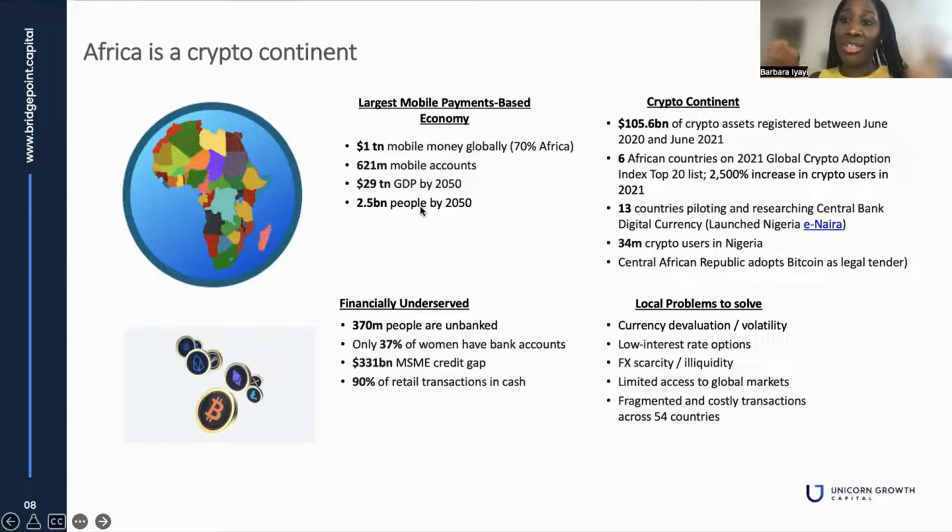That is a dynamic that is playing out, not in a big way in Africa because there are still regulatory restrictions. But fundamentally, people are avoiding having to use USD and they're going into crypto. And that is a huge opportunity in markets like Africa where FX is still very hard to obtain.